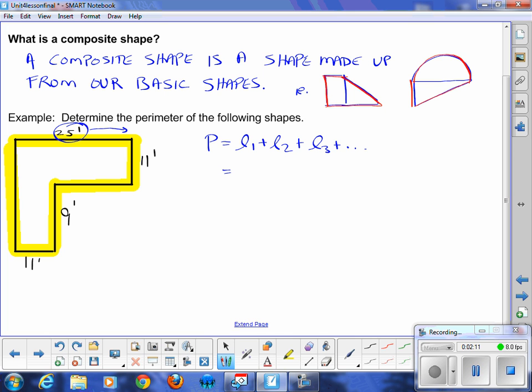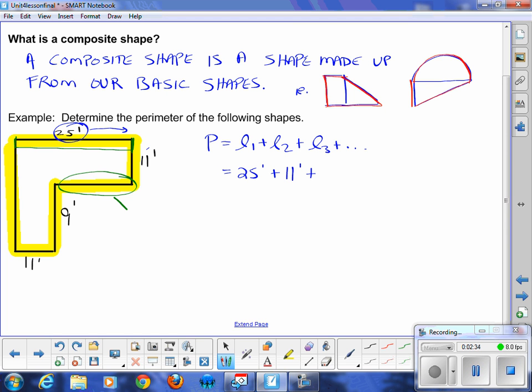So I know that we have 25 feet plus 11 feet plus, if we look in here, we do not have a length. So how do we calculate that length? Well, you'll notice that we know the total distance across the composite shape from the top. So that was that 25 off the top.